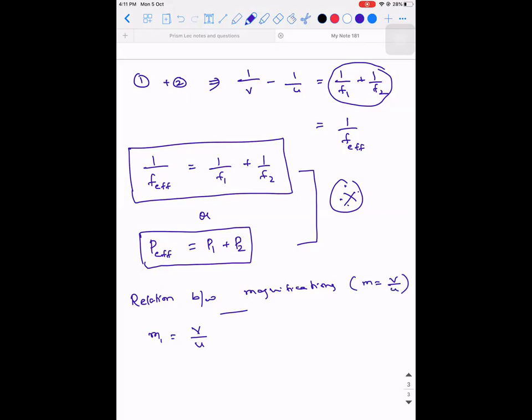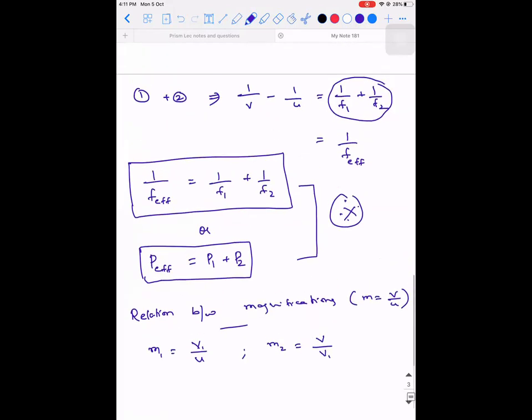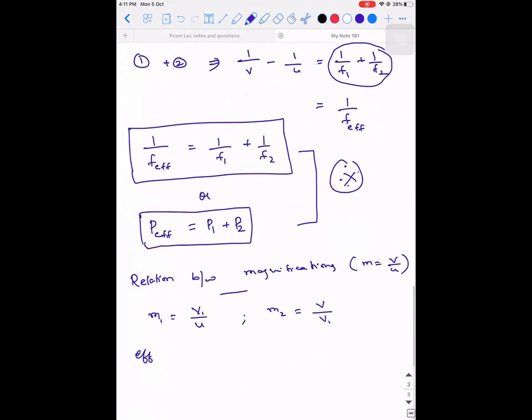So M1 I can write as v1 divided by u, accepted? Where v1 is the image distance of the first lens, and u is the object distance. Similarly, what can I write M2 as? v by v1. But what is the effective magnification taking place?